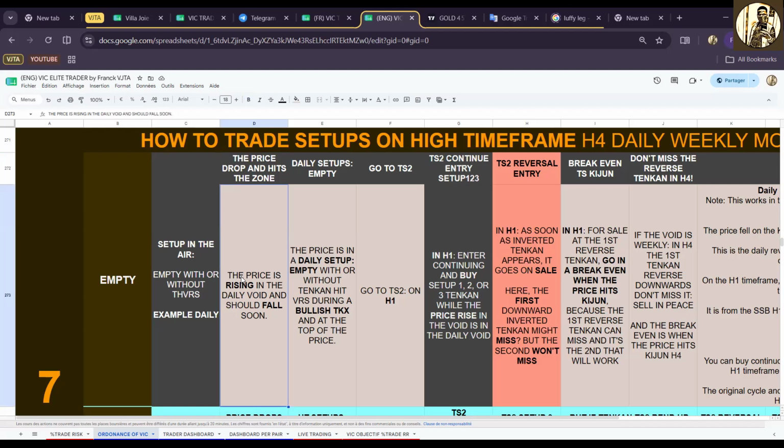So on daily, the price was rising. The price is rising in the daily, in the void, and should fall soon. So the daily setup that we look at will be the empty setup. The price is in the daily empty setup. That is called the empty one, with or without Tenkan hitting VRS during a bullish Tenkan cross, and the price is above. The price is above Ichimoku.